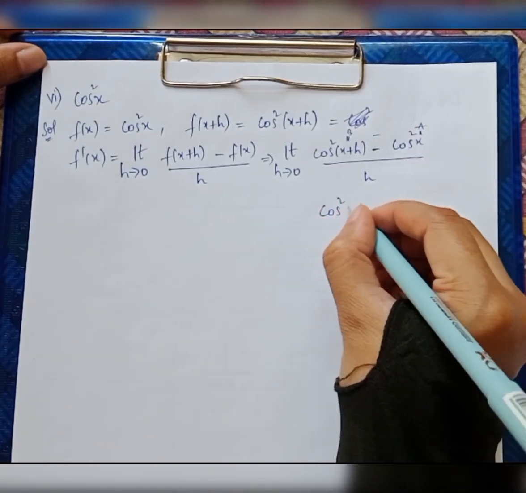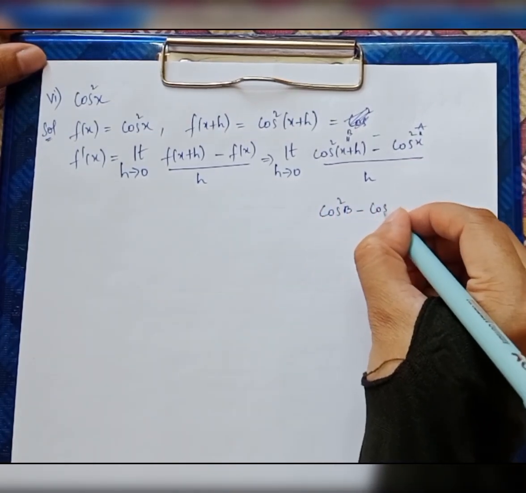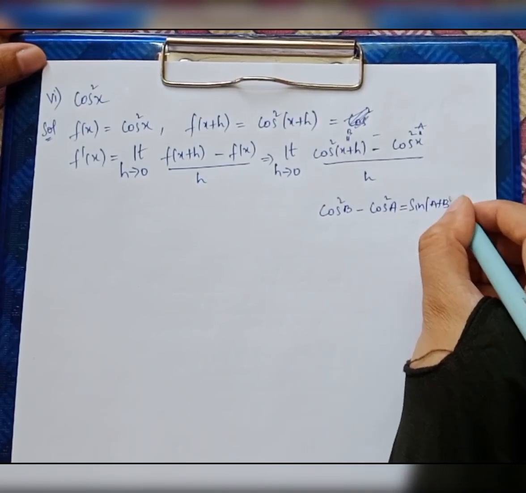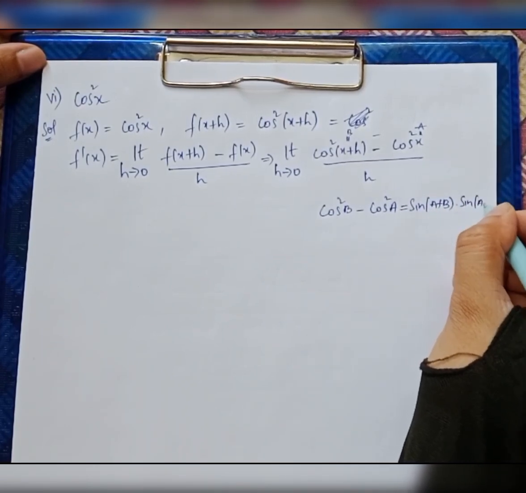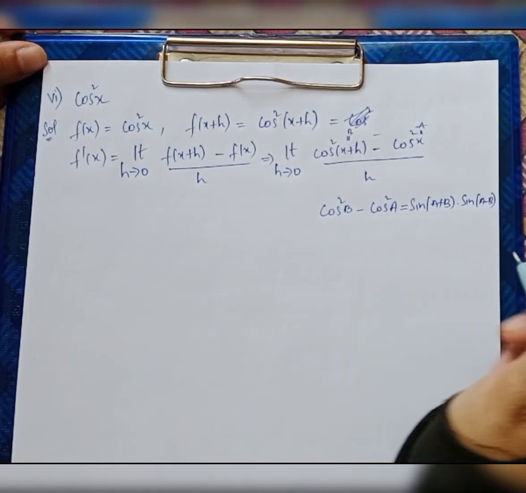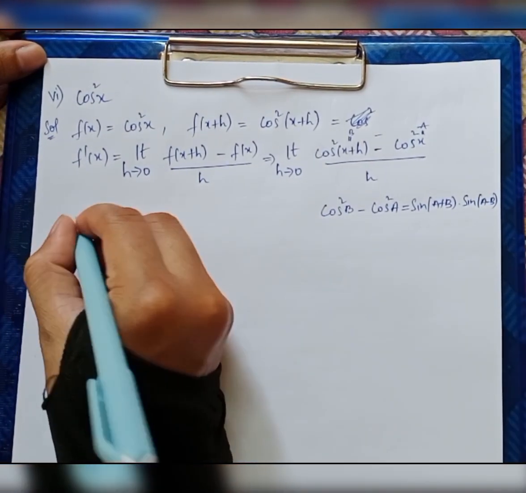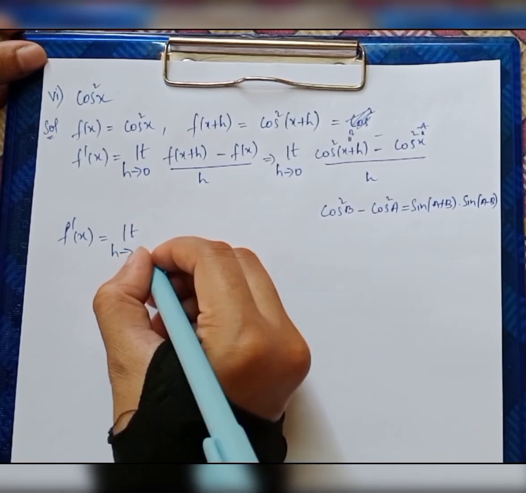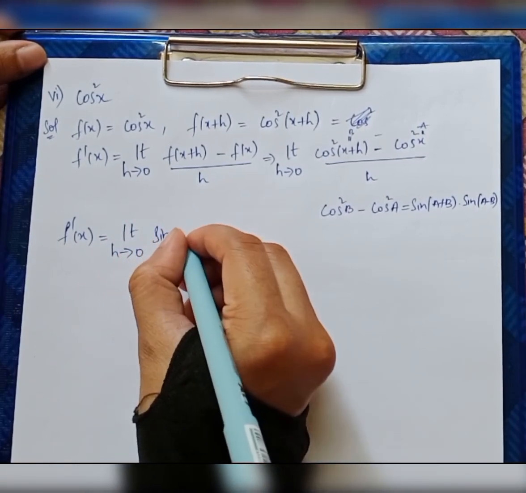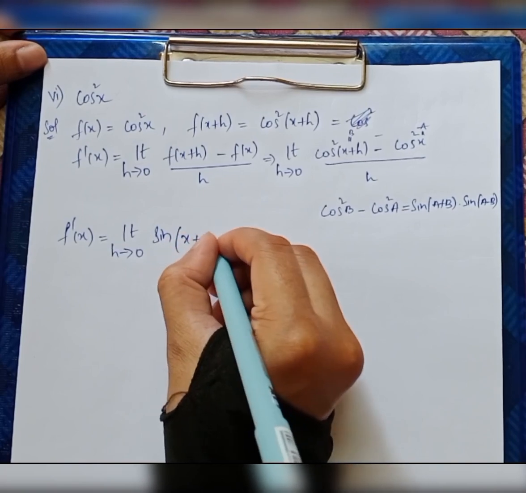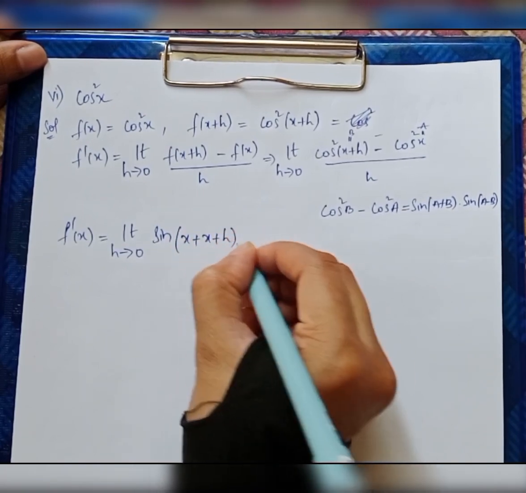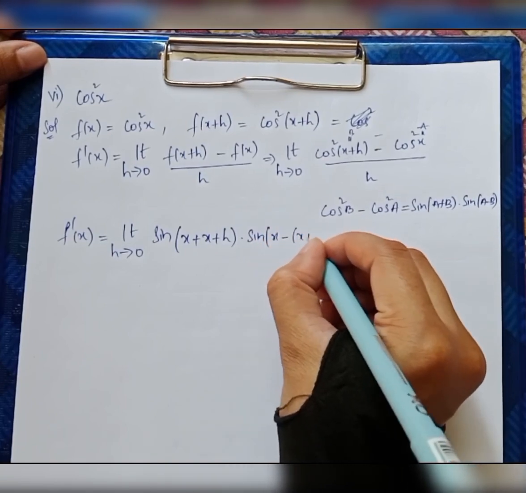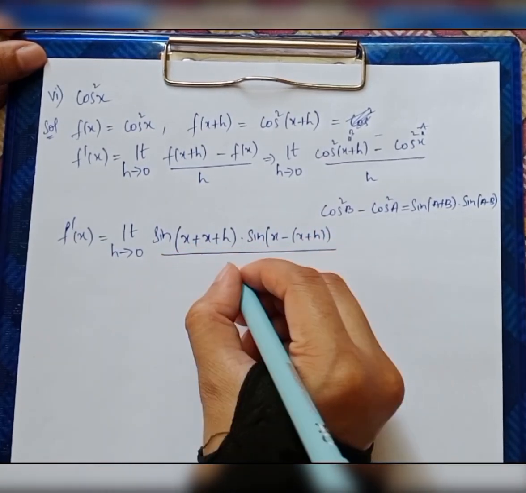The formula of cos square b minus cos square a is equals to sin(a + b) into sin(a - b). So this can be written as f'(x) equals limit h tends to 0 of sin(a + b), that is x plus x + h, into sin(x - (x + h)) by h.